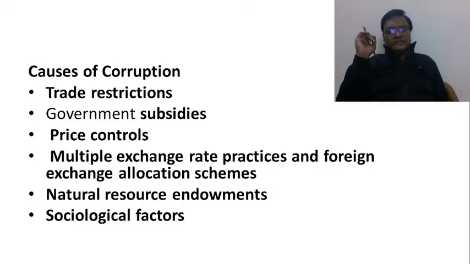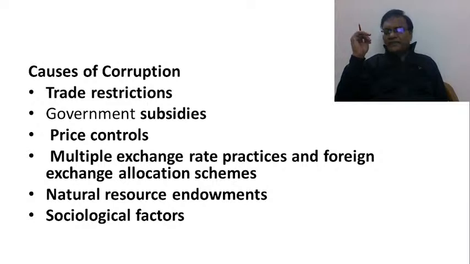Price controls. For example, before 1991 we had, and even now we have, this Essential Commodities Act, wherein the government artificially tries to control the prices. It will say that hoarders will be punished. But this hoarding takes place on a large scale. How? With the connivance of the administrative officials.